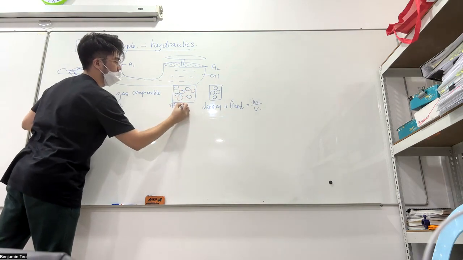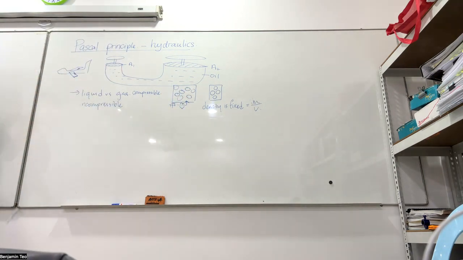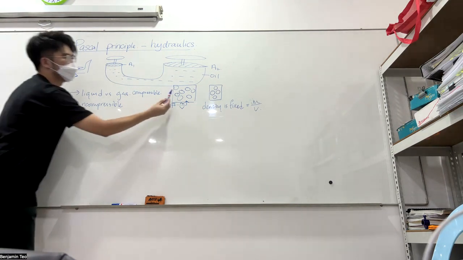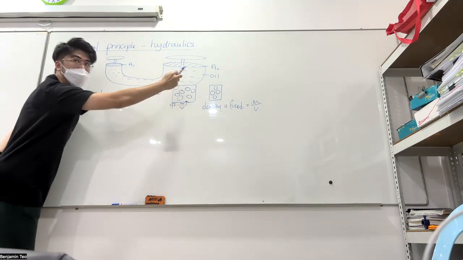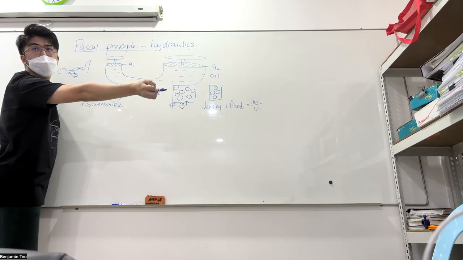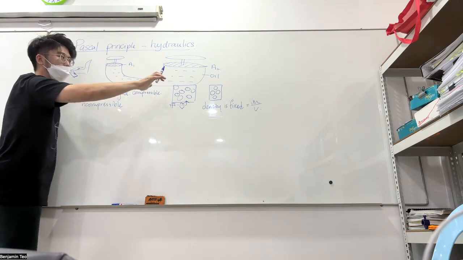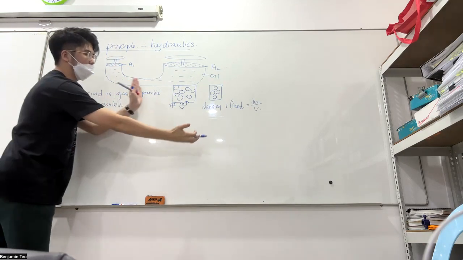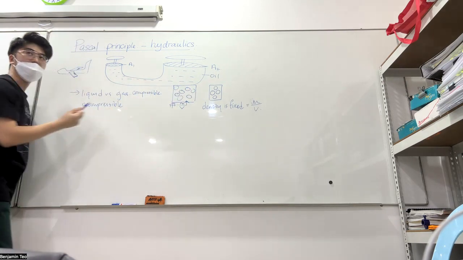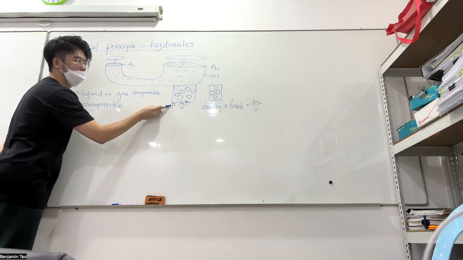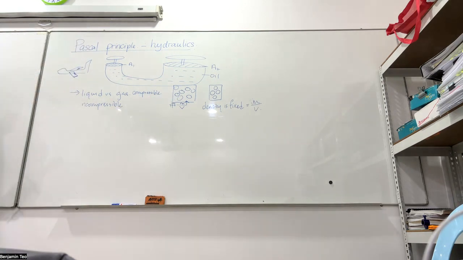What happens is that the mass will increase. Okay, because there are spacings between the particles, I can fill more particles in by squeezing, by compressing. So if I compress all the gas inside, then I have increased the density of the gas in the container. So in short, I can change the density of gas.